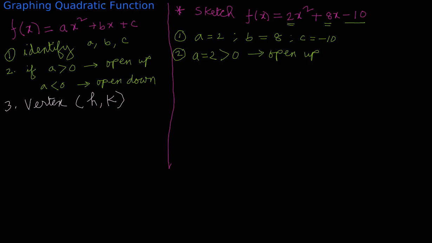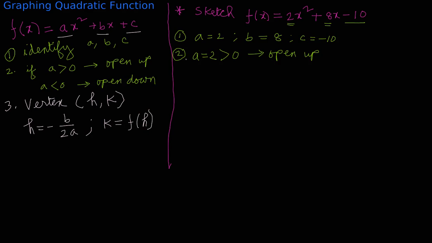In this general form, ax square plus bx plus c, h is equal to negative b over 2a, and k will be equal to f of h. So this is the formula to find the vertex.